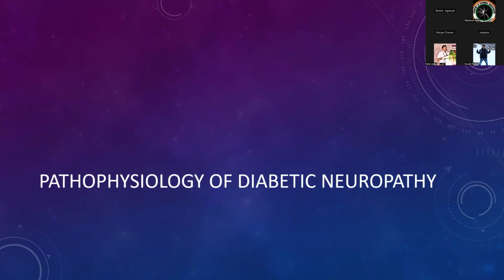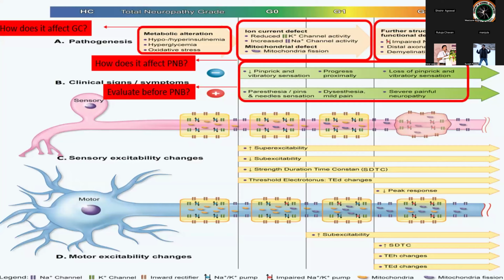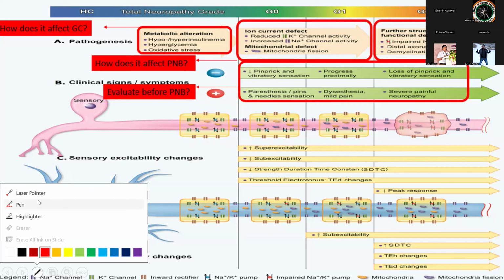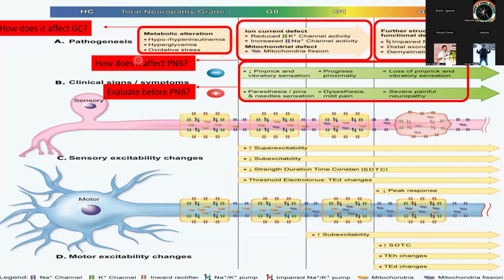Coming to the pathophysiology, what we have to understand is that there are metabolic disturbances occurring in diabetes. There is hyperglycemia and oxidative stress, which lead to cellular level mitochondrial defects and also sodium potassium channel activity disturbances.